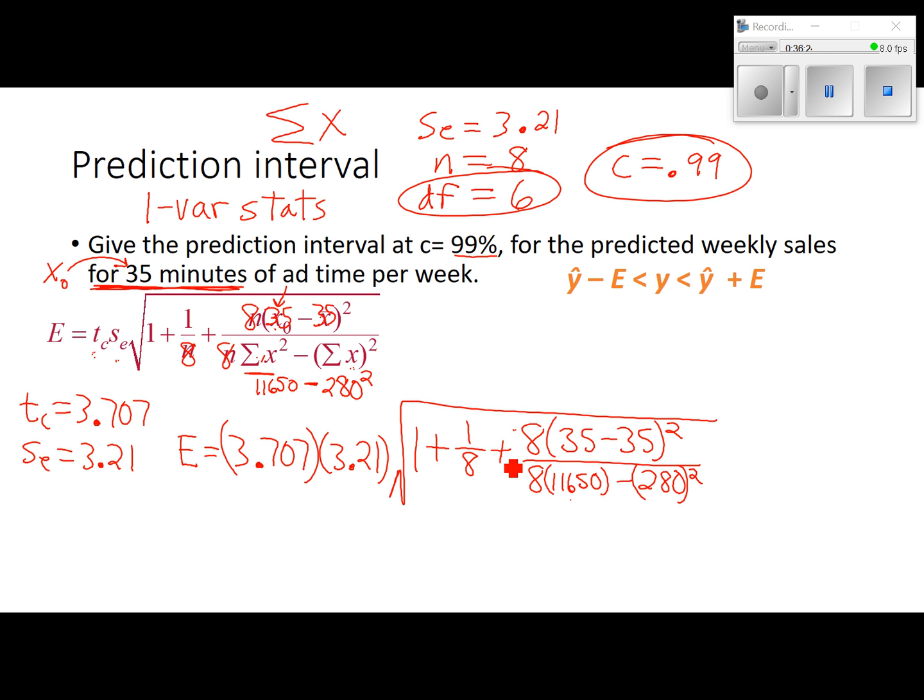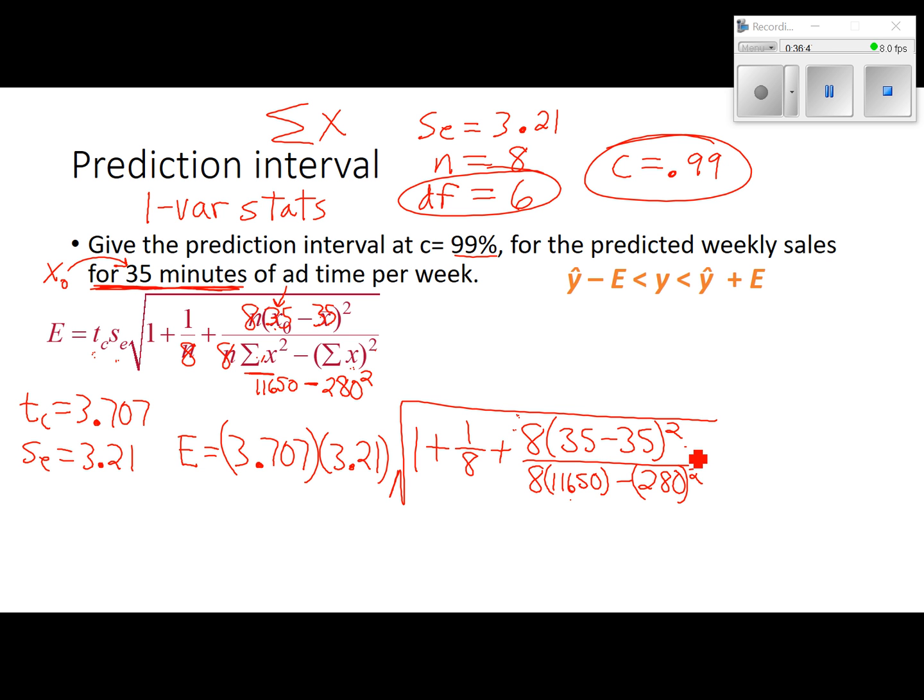So if I go through and do that, if I take the top, I know our top's going to be a little screwed up because I picked 35, which happened to be our X bar. So our top's actually going to be 0. So this whole thing, everything right here, is going to be 0. So it's not going to come out like some of the other problems might.